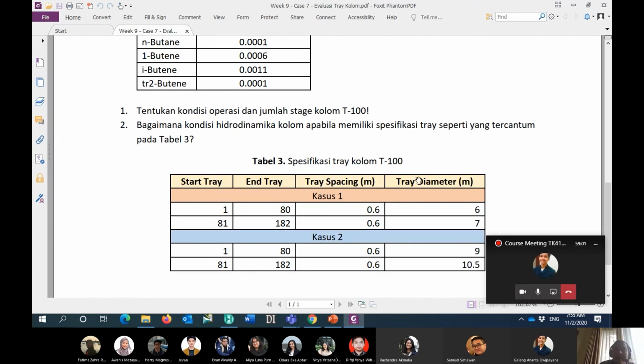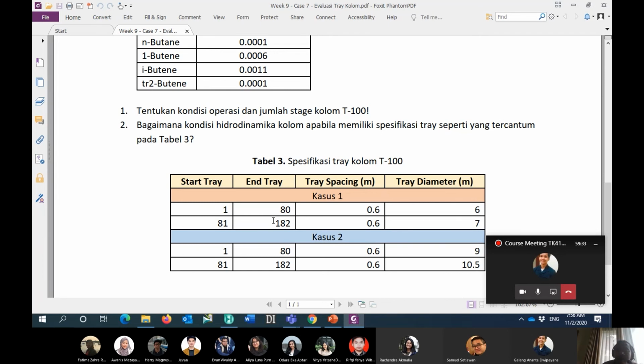The tray specification follows table number 3, where the number of trays can reach around 182. So it is quite many. So 182 stages for case number 1.